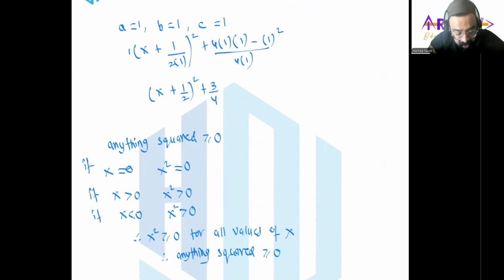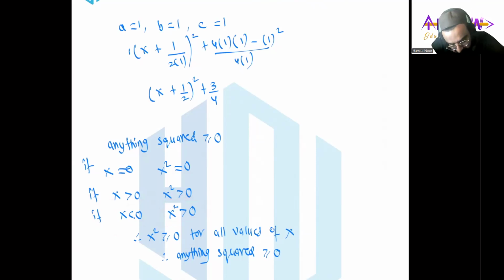Okay, here we have a brief illustration about this. Let's say if x is equal to 0, the square of 0 is also 0. So x square will also be 0. If x is greater than 0, then x square is also greater than 0. Makes sense. But if x is less than 0, x square is going to be greater than 0.